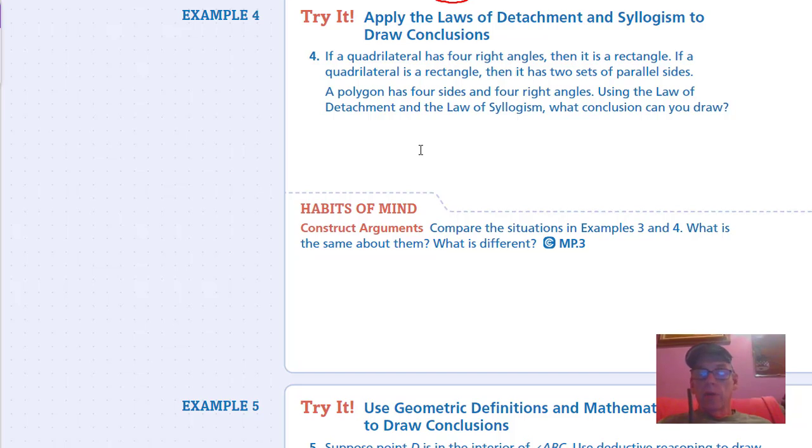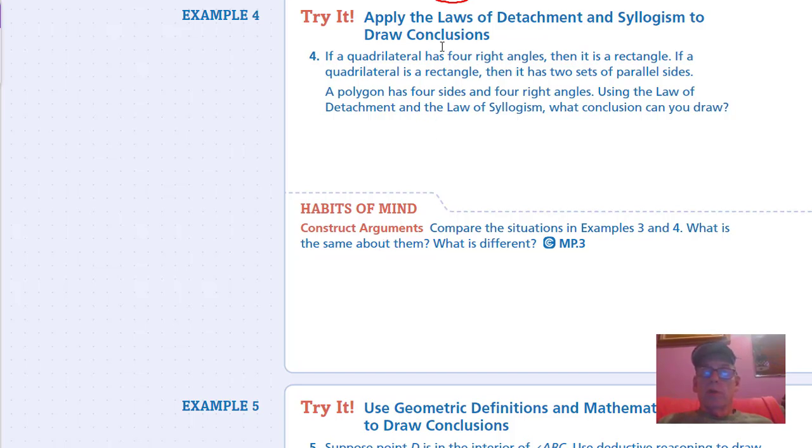And then the law of syllogism says that if one thing gives you something else, and that something else gives you yet another thing, then the first thing is linked to the last thing using the law of syllogism, which is like the transitive property. So we're going to use that to try to figure out what's going on with this.